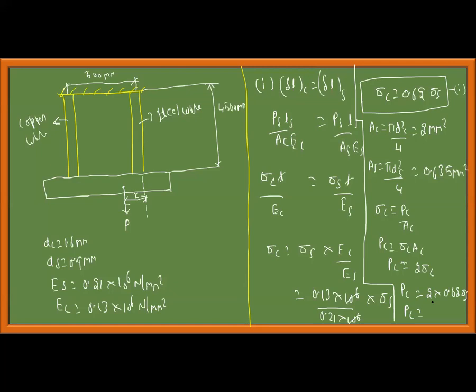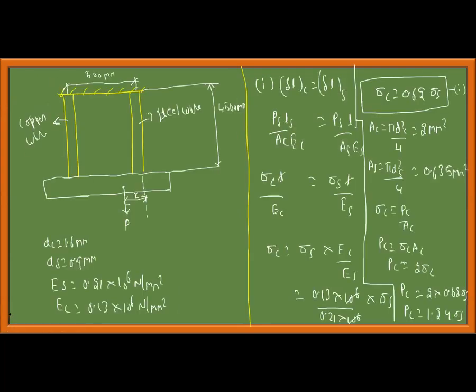I'll be expressing everything in terms of sigma S. This is the method to be followed. 1.24 times sigma S. And PS is given by sigma S into AS, or PS is equal to, AS is 0.635, sigma S. This I will call as 3.